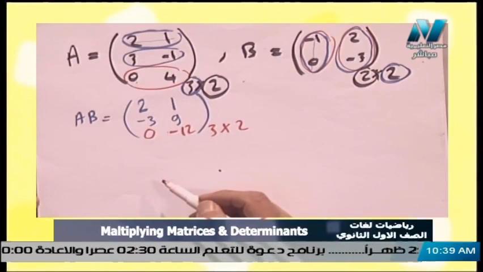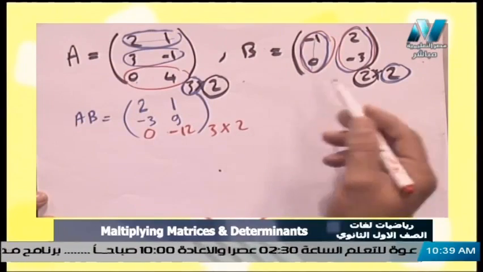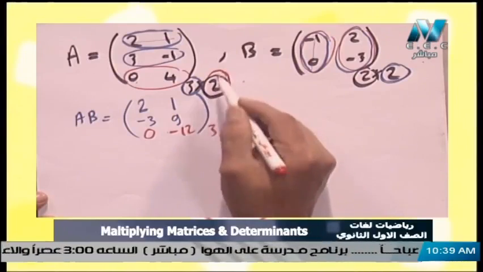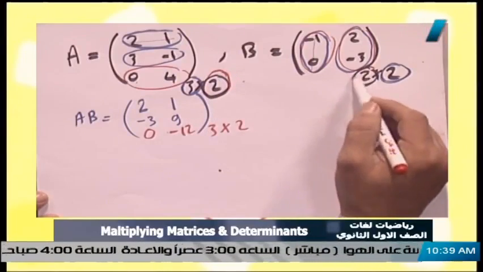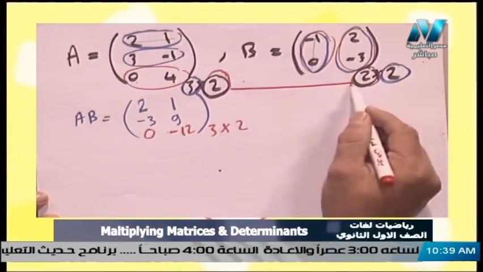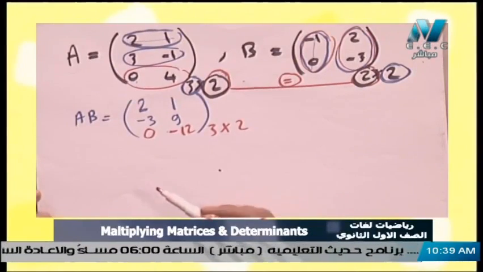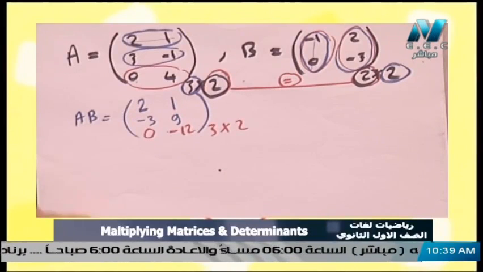Okay. It's possible to do the multiplication because the number of columns here equals the number of rows here. These two numbers are equal. Okay. Let's move to another example.